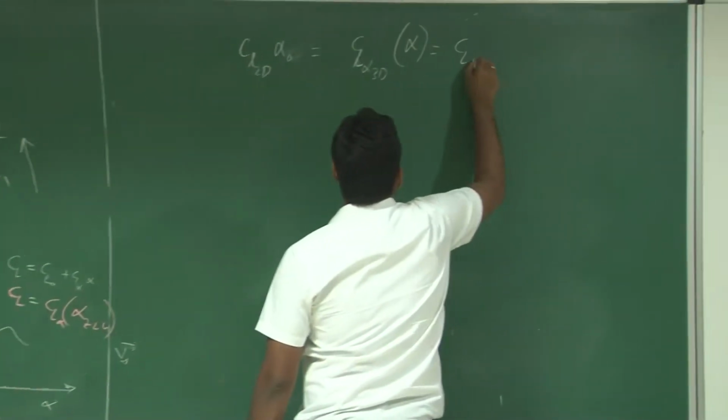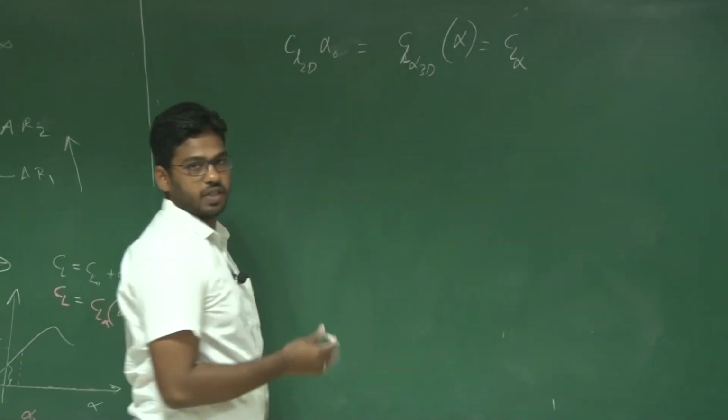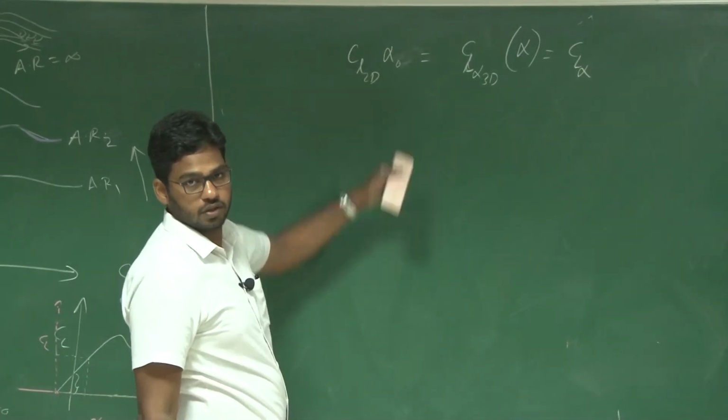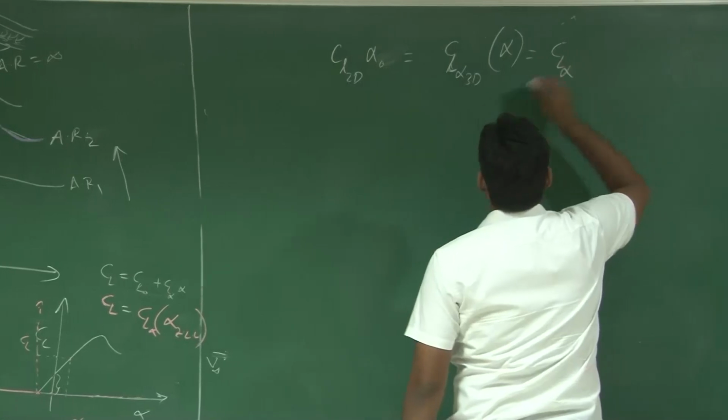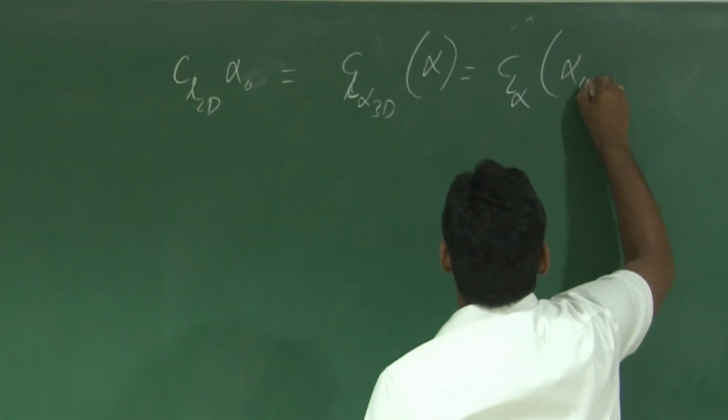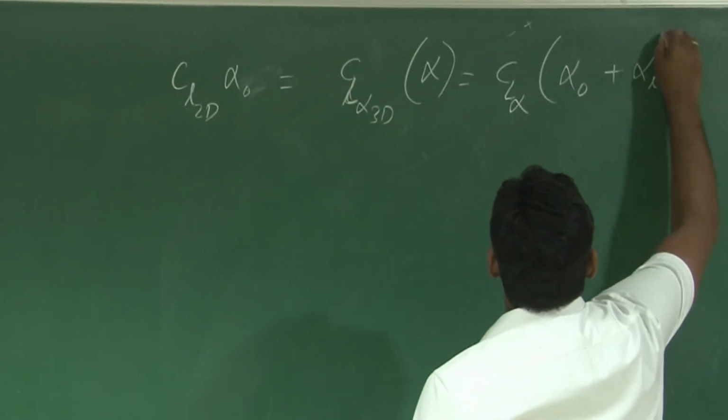The capital L represents the 3D case, and small l represents the 2D case. So I am not explicitly writing 2D and 3D from now; I am dropping these subscripts here.